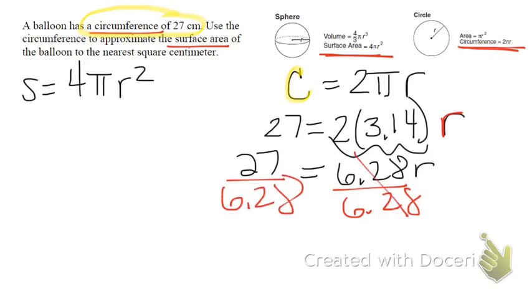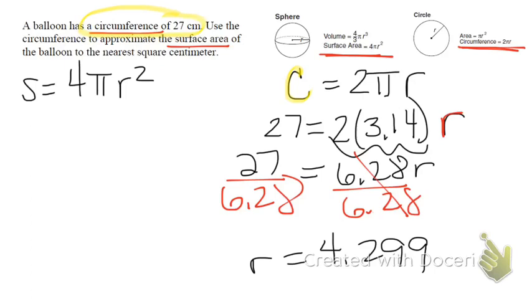And I get that r is equal to 27 divided by 6.28. And again, that's an ugly number in my calculator. I'm going to write a couple of the digits down. 4.299, and there's more to it. Leave this number in your calculator. I wrote down a rounded value, but I'm really going to use the number that's in my calculator, and I'm not going to round until the final answer.